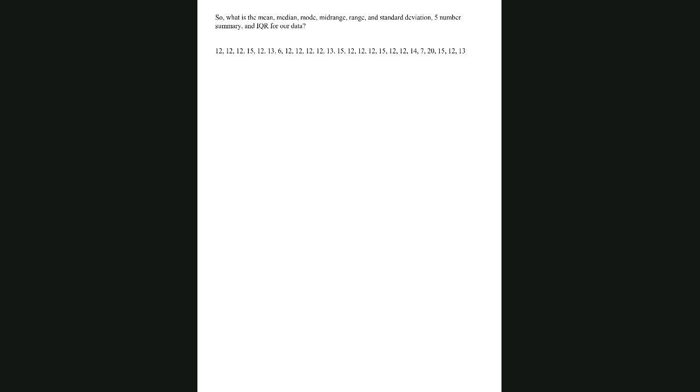And basically what I did was I put the data values into that Excel file, and here is what I came up with. As you could see from the Excel file when I had it up, X bar, or the mean, was 12.56.